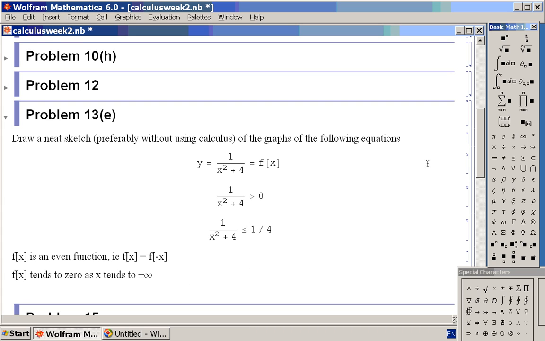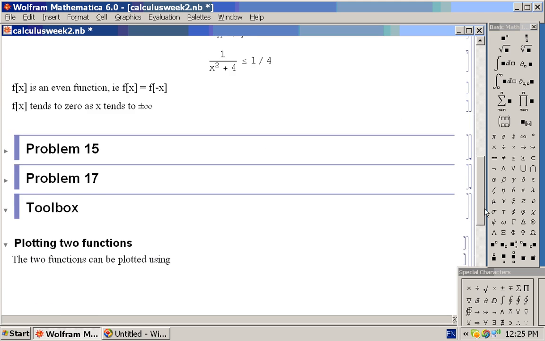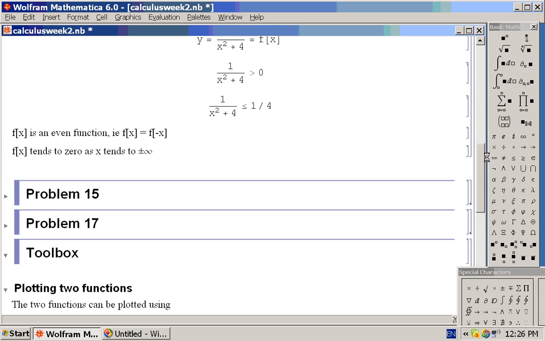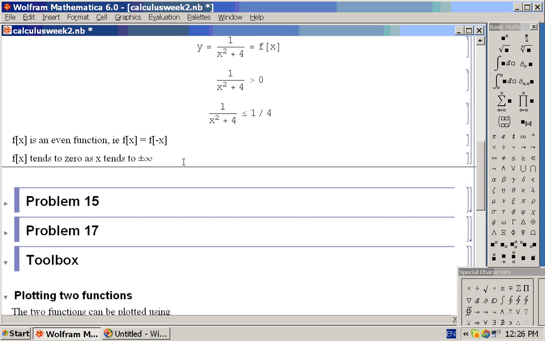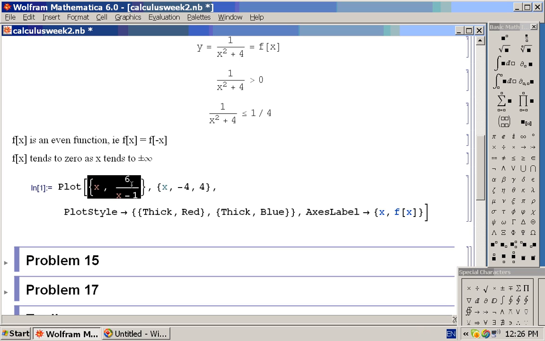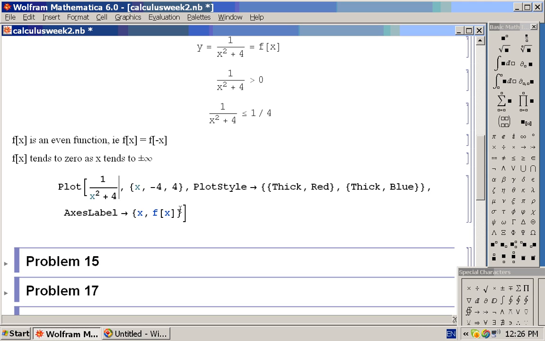So let's draw a graph of it. We can't really draw neat graphs by hand, so we'll take our plotting tool and customize it a bit. We just want to plot this function. And here it is.